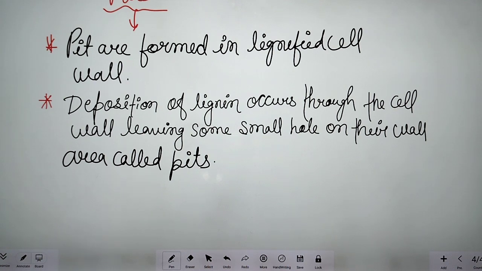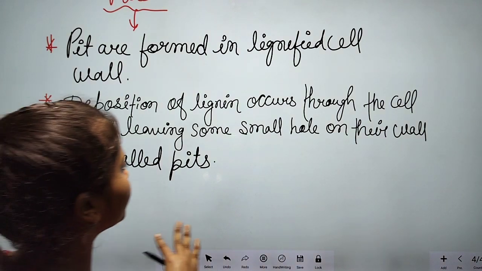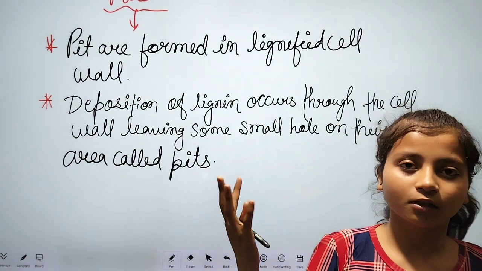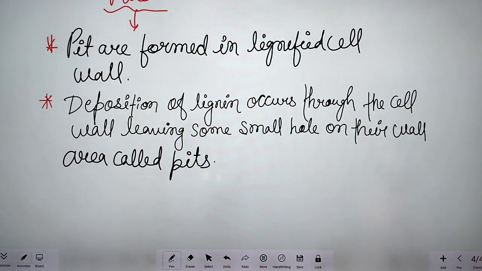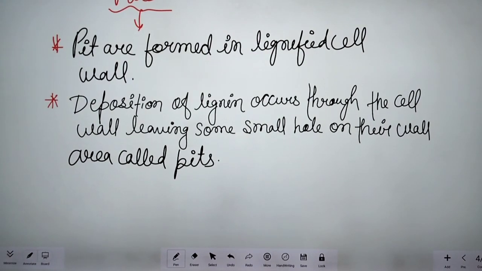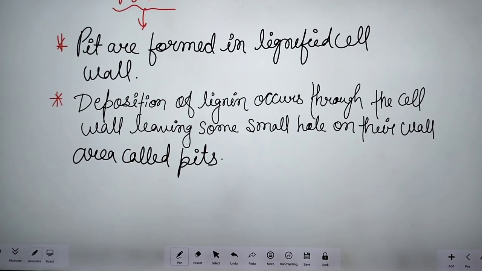It means that when lignin is deposited, there are one or more small holes on the wall, and that area is called pits.